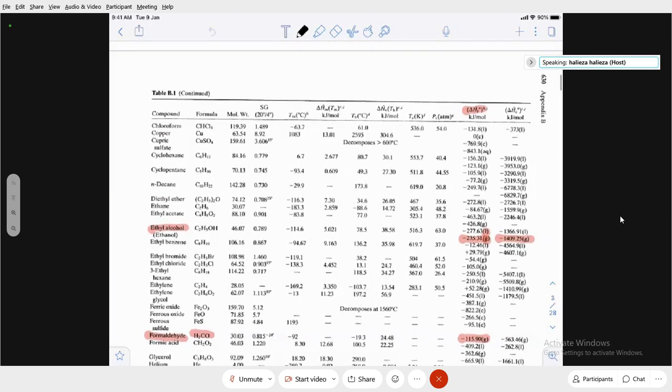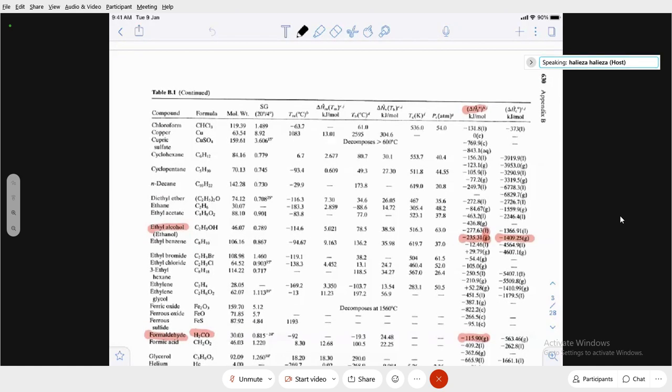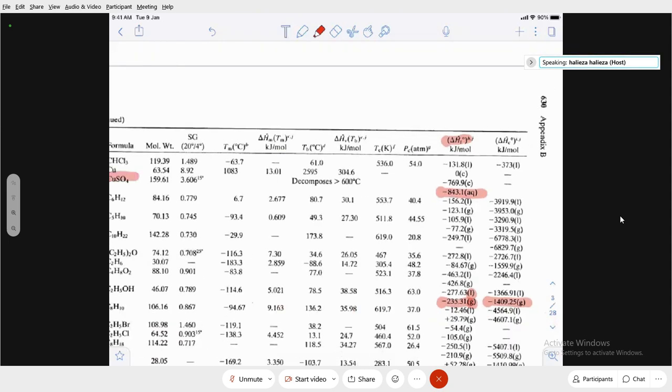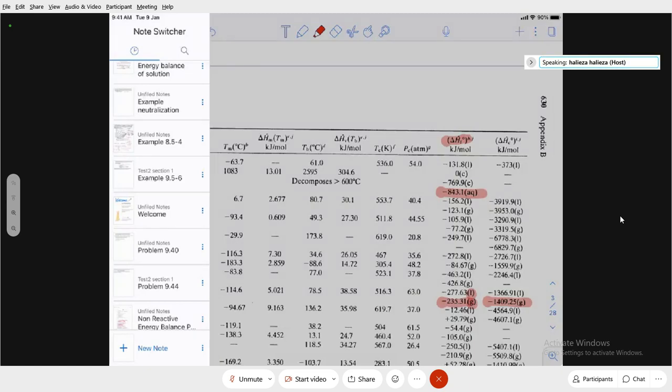You cannot see it now. I saw one. This is one of it, aqueous. That is for copper sulfate, cupric sulfate. There's the aqueous there. The aqueous implies that it is at infinite dilution. Okay, that's one. Let's go back to our notes.